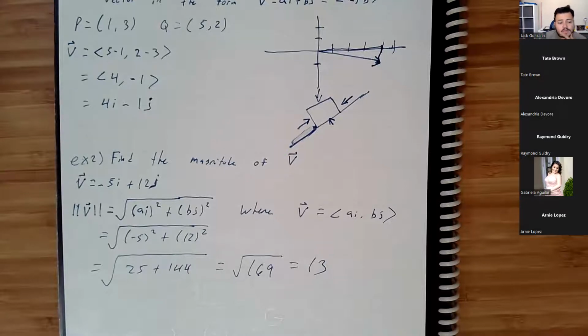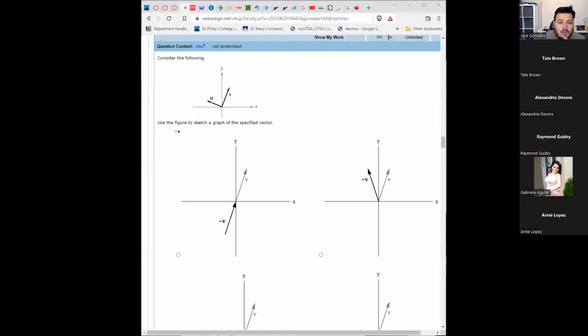The next part is they start adding vectors. It might be easier to look at the homework for this. It's very visual. Okay, so check this out. You have 2 vectors right here.